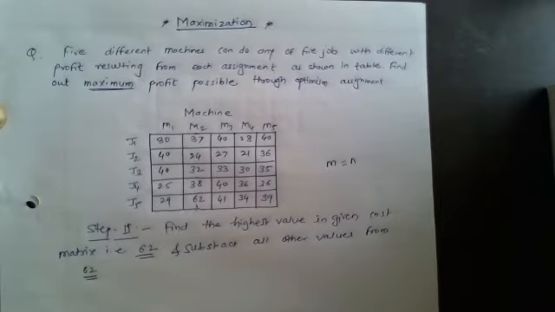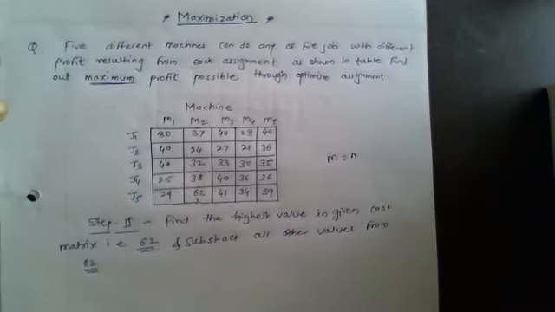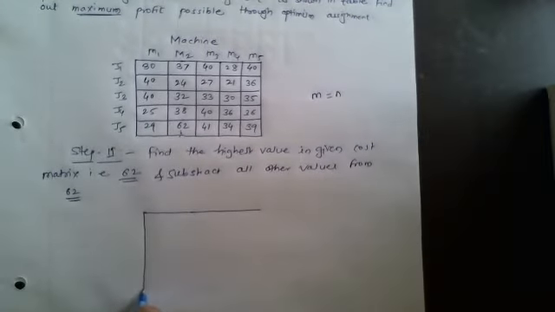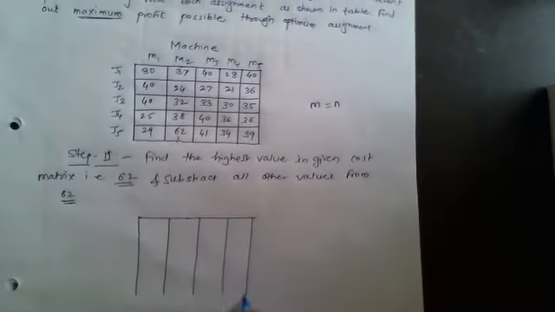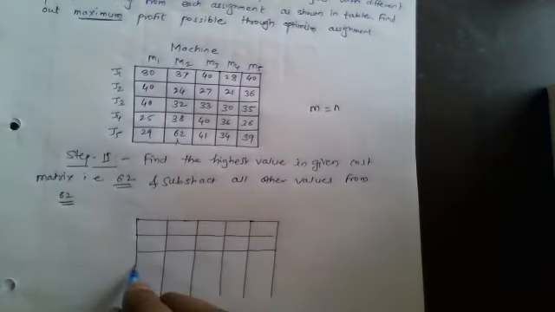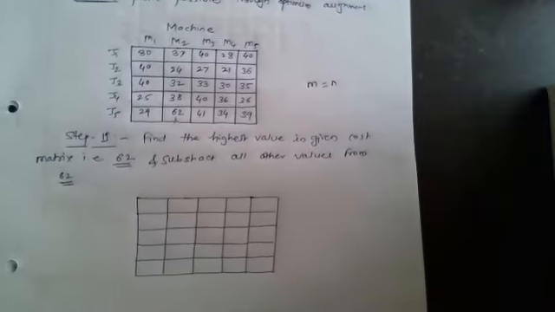Okay, so this is the second step. Means what we are doing here, we are converting the maximization problem into a minimization problem. So I will subtract all the values from 62, then we'll get this matrix.